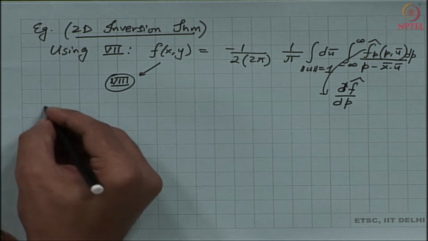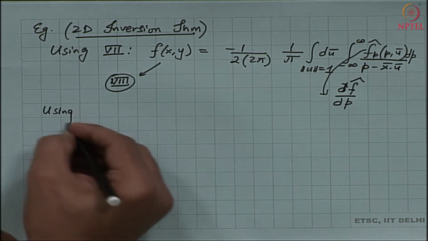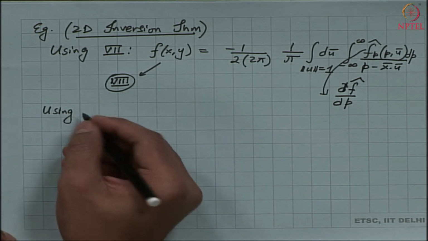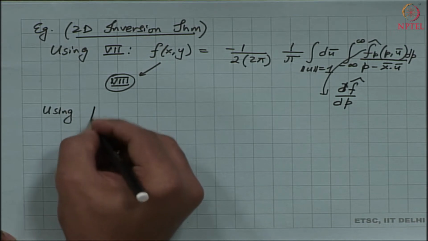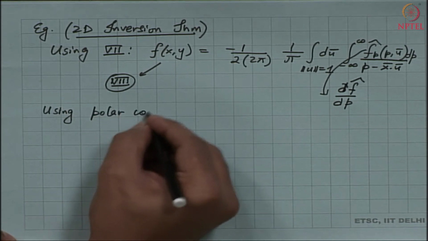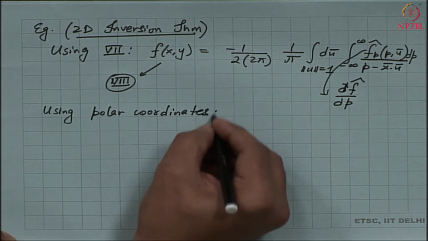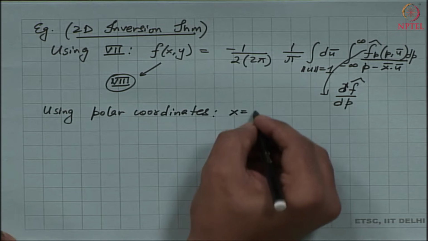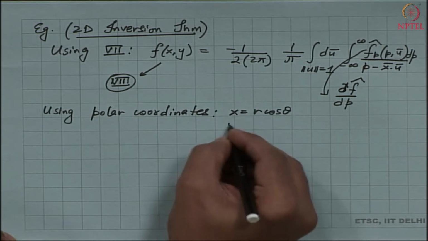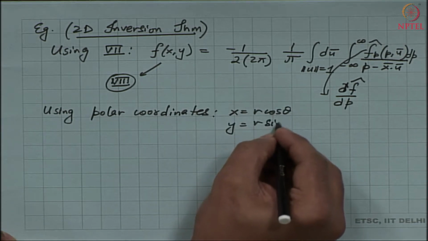If I were to rewrite this 8 in 2D polar coordinates, let me denote x to be r cos theta, y to be r sin theta.